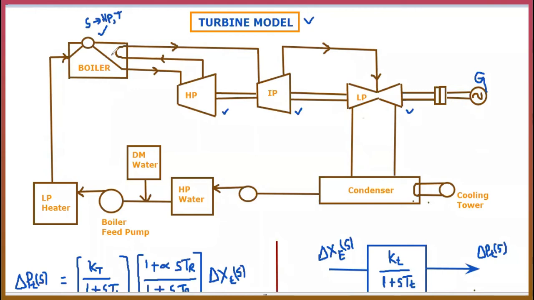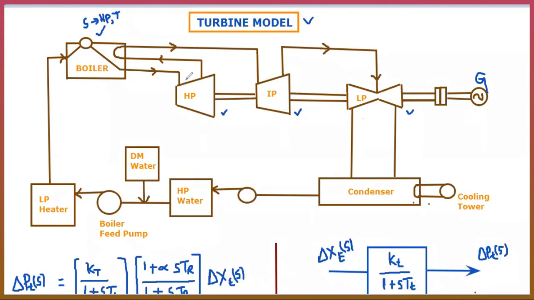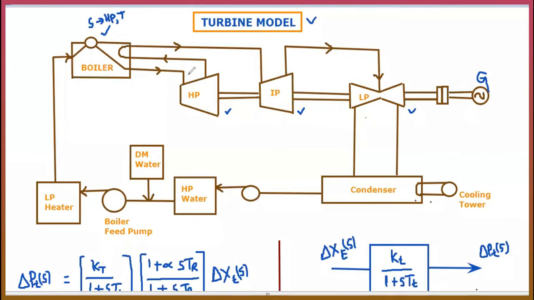From this boiler, the steam with high pressure and temperature is allowed to enter the high pressure turbine through the pipes. When this high pressure steam enters the turbine, it does some work on the vanes of the turbine.